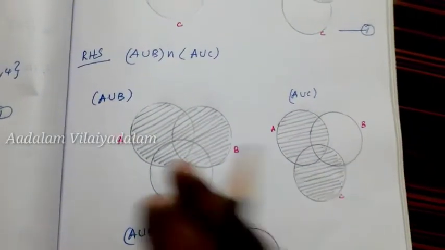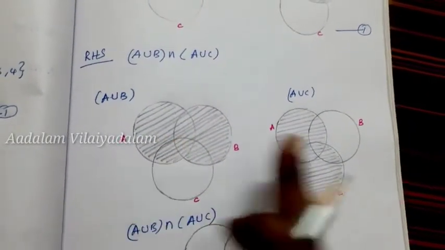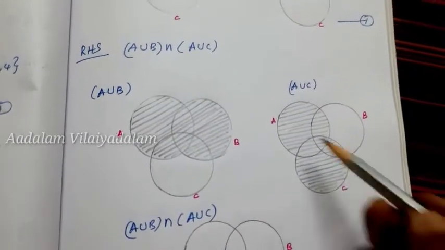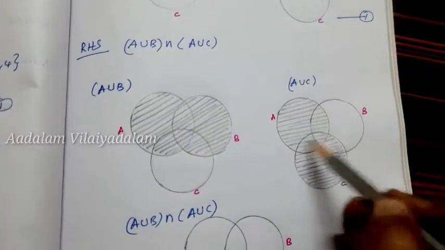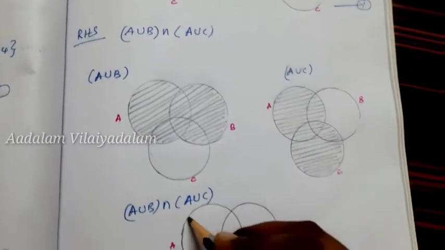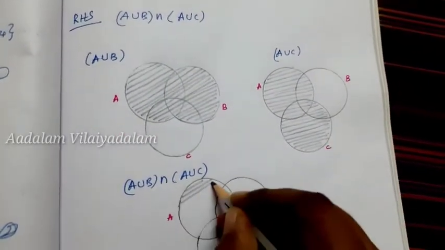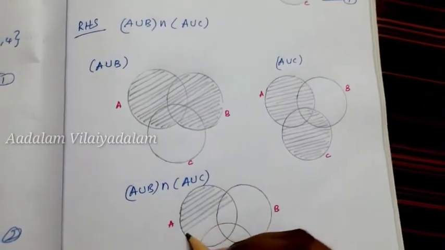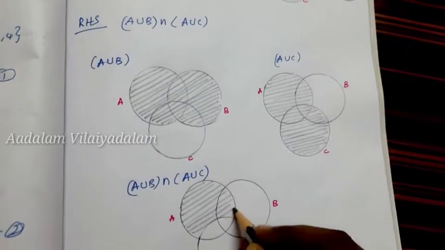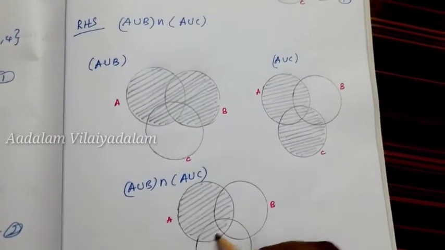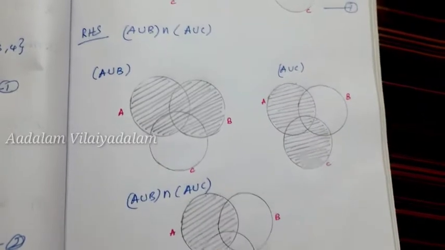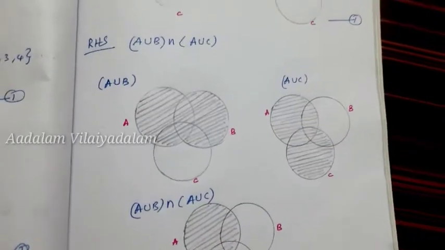What are the common areas between A union B and A union C? Just find it out. This whole circle is common. So let's shade it first. That is A. This circle A is completely common.